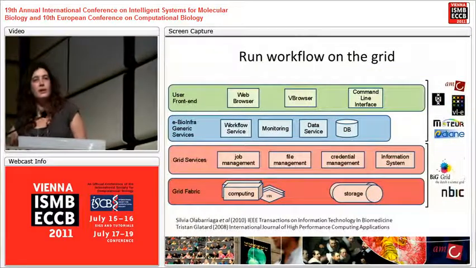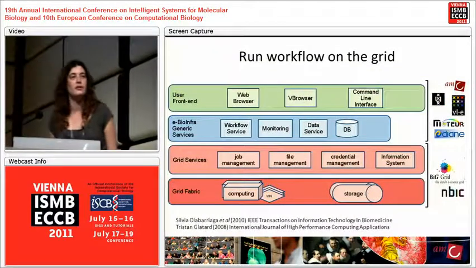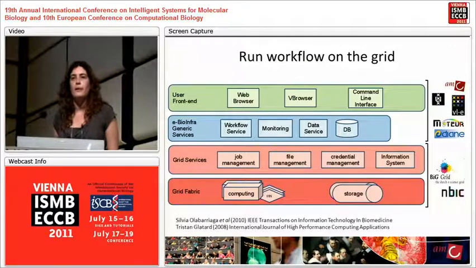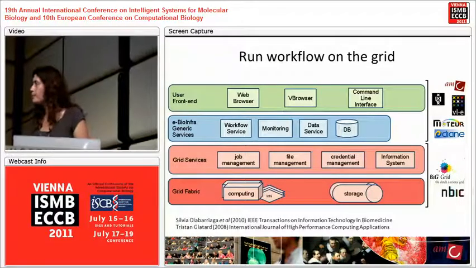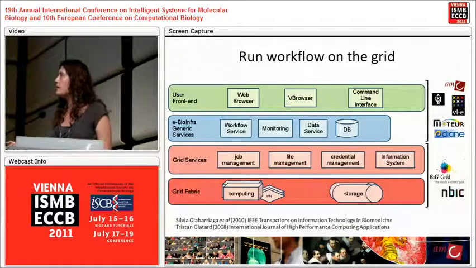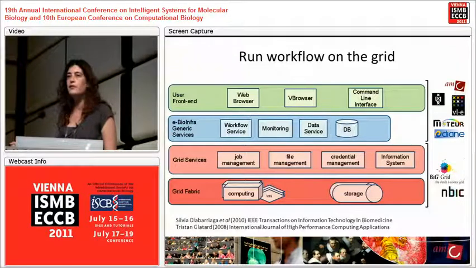So now that we have a description, we want to run it on the grid. And this is an architecture that was developed by the eBioscience team. It was built on top of the services that were provided by the BigWit project. And the most important part is this workflow service that was developed in France.